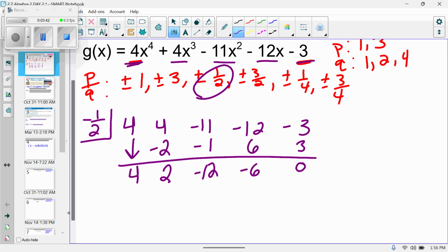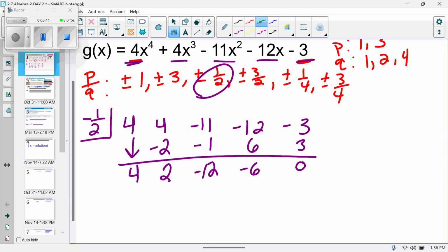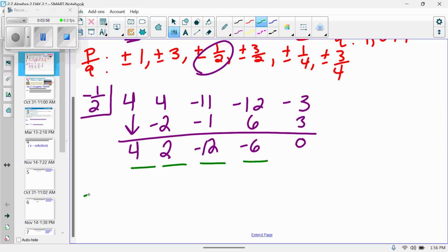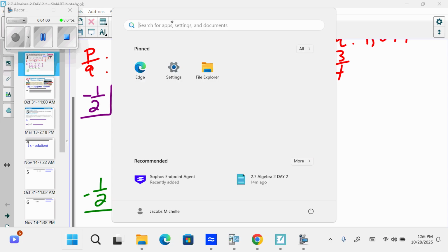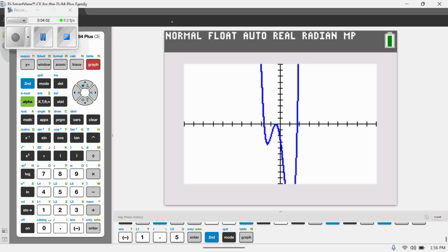So again, guys, we could start to write it in factored form, but these coefficients would be 4x to the third plus 2x squared minus 12x minus 6. But I told you you're going to do synthetic division again with negative 1/2 because, look at the graph one more time. It touches the x-axis at negative 1/2.